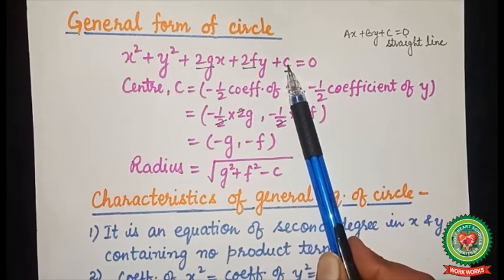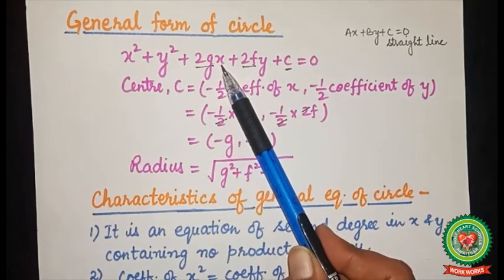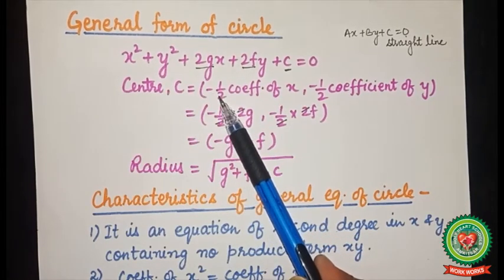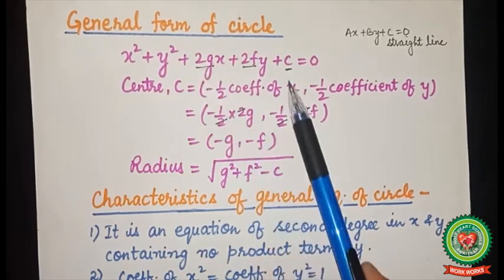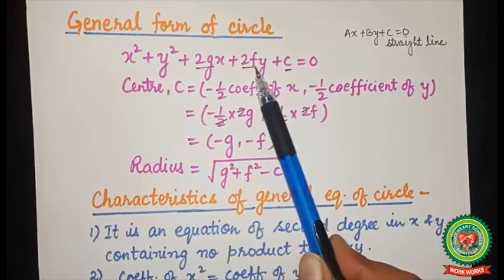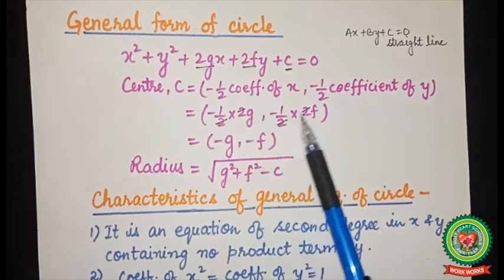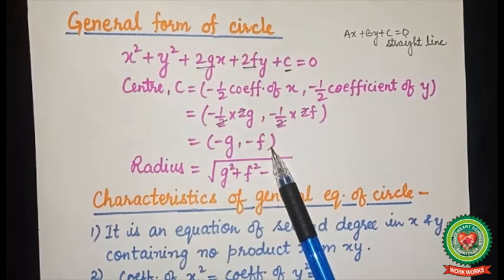And if we want to find the center and radius from the general form, formula is center is equal to minus half of coefficient of x, that is 2g, and minus half of coefficient of y, that is 2f. So put the values. Here 2 cancels with 2. So we are left with minus g comma minus f.